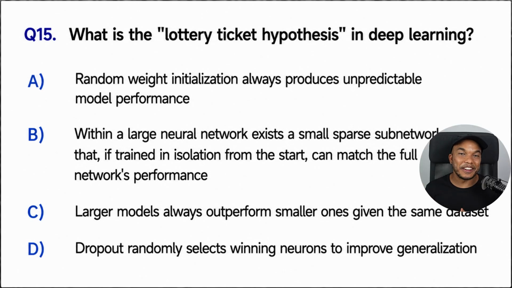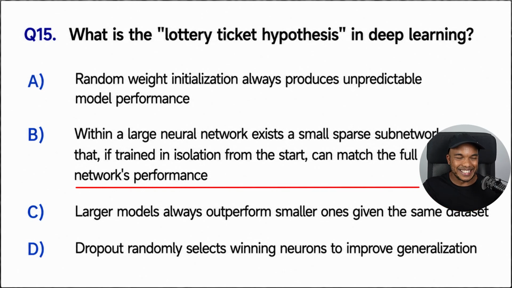And the answer here is going to be B, okay? And I know this might have been a bit obvious given the fact that it's the longest answer, but it is in fact B. So the lottery ticket hypothesis is that typically when you train a massive, large neural network, most of it turns out to be redundant.